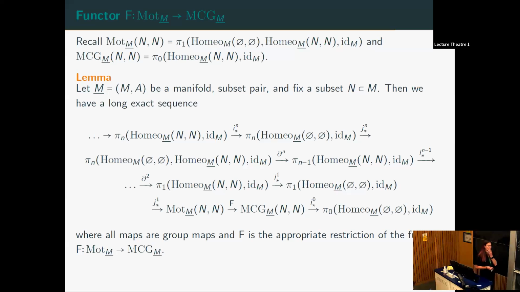Or again, if I have a surface with a puncture, and you want to know how the mapping class group of the surface with the puncture relates when you fill the puncture back in, you get an exact sequence that feels similar to this. So you're thinking of the puncture as some fixed point. Yeah. So you're restricting, it's very possible. There's some pi 1 of the space that comes in. That's the point pushing. This sounds like some generalization. Sounds like the same thing, but I'd have to double check. But yeah.